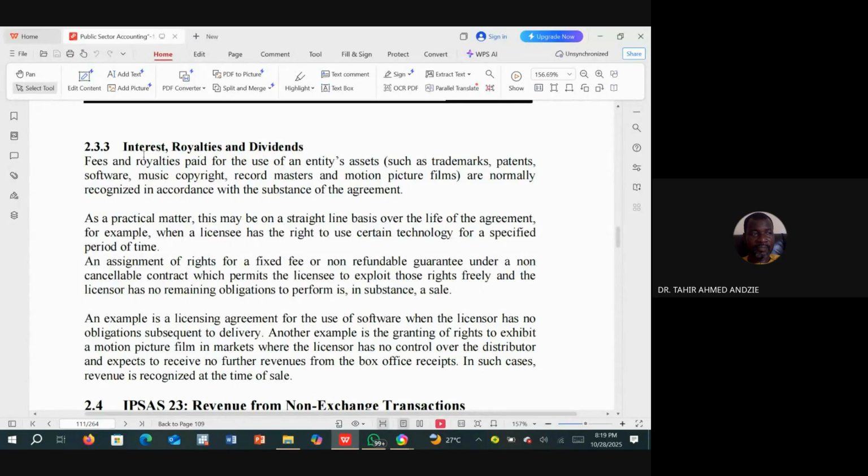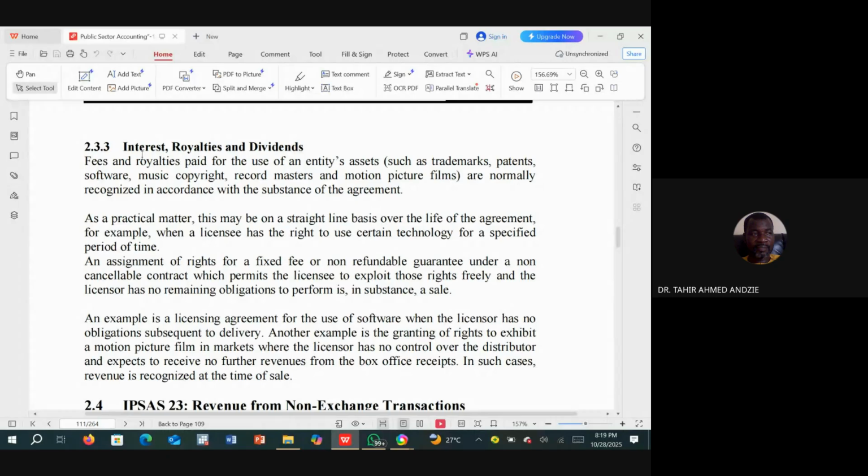So as a practical matter, this may be on the straight line, because sometimes it depends on the number of years of use. So you can look at the royalties on a straight line basis.